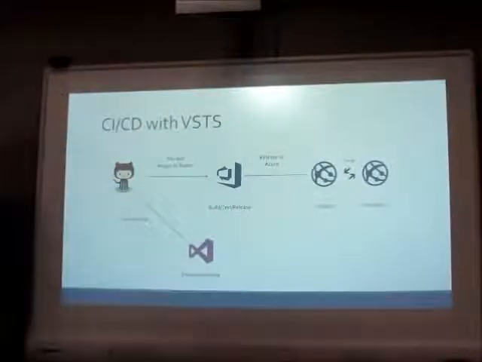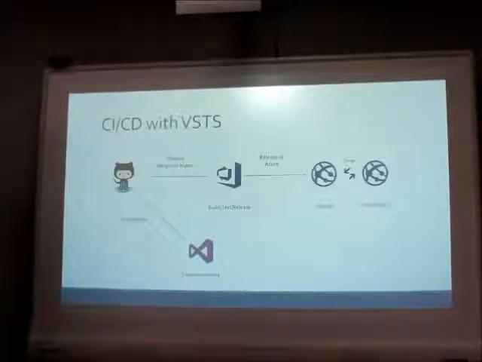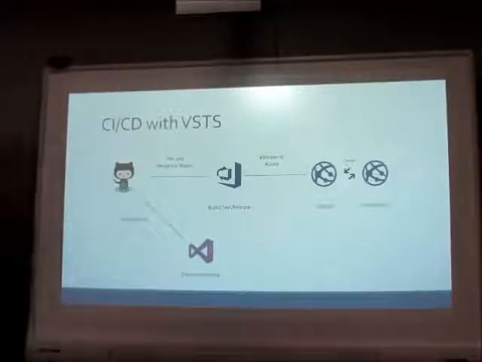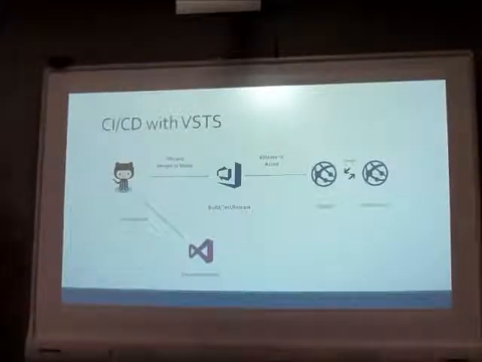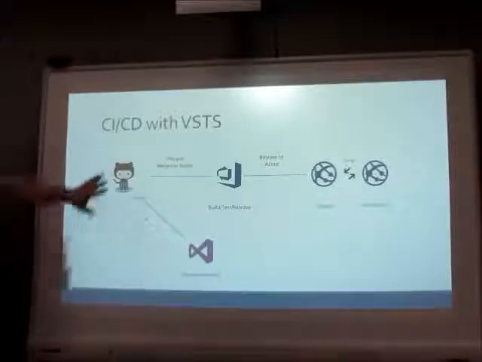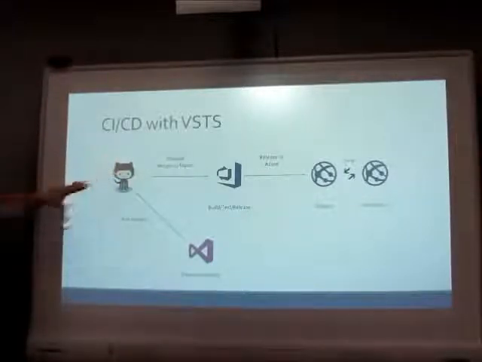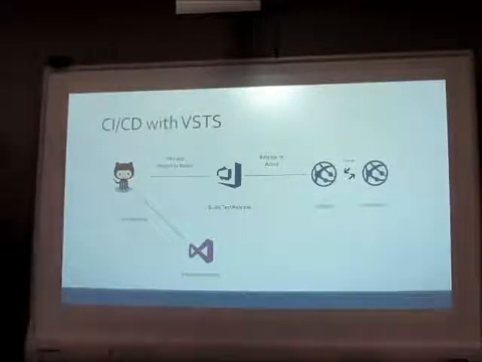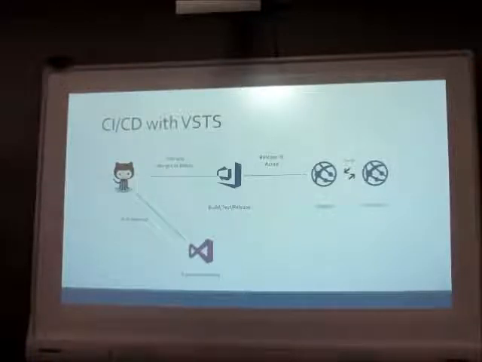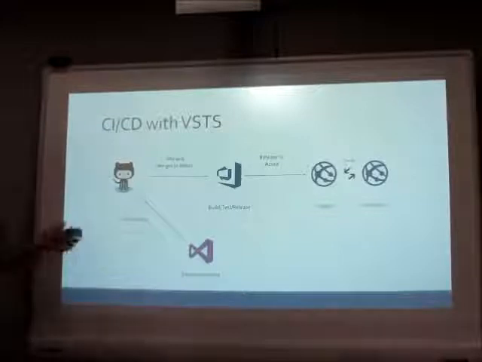So this is what I would call a mature CI/CD pipeline. CI is continuous integration. That means that all the code that goes up to your repository automatically gets built, your tests get run, you have confidence that your developers haven't broken your code before it gets merged back into master or release, depending wherever you're releasing from.